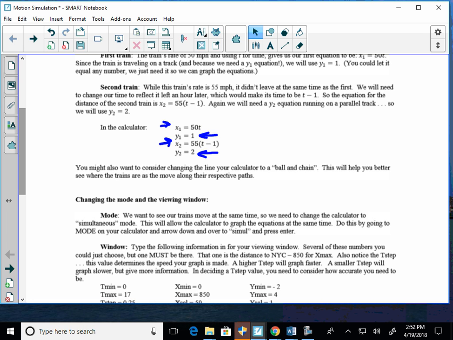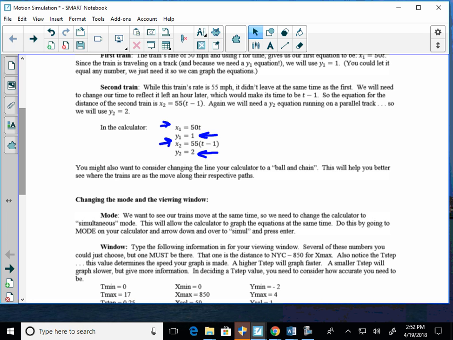I'm going to 17 on here because you have a train that's going 850 miles, and so most likely it's going to take more than 5 hours. So I'm going to 17, change the t-step to 0.01. I'm going to leave the x-min as 0.